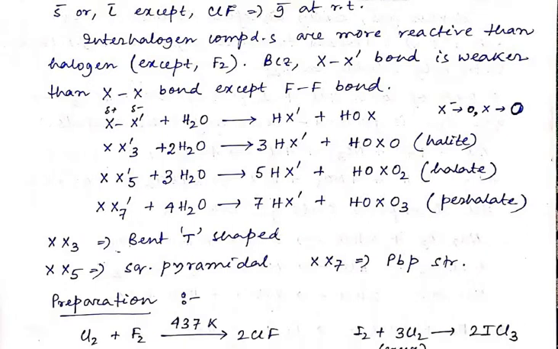Next we are going to the reaction part. Suppose XX', the interhalogen compound, reacts with water; it will form HX' and HOX. Why will it form HX'? Here I have written δ minus over X' and δ plus over X, which means that X' is more electronegative than X. So when X' is more electronegative, obviously more electron density should be over X', and when it reacts with water it will take the hydrogen, because hydrogen is positive and OH minus is negative.